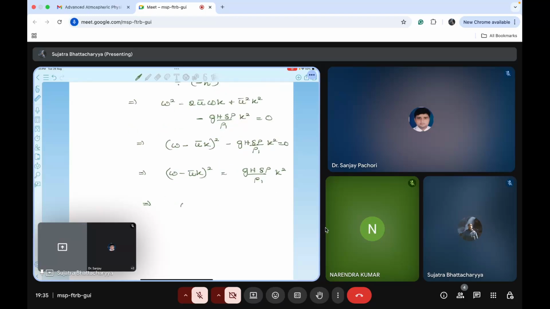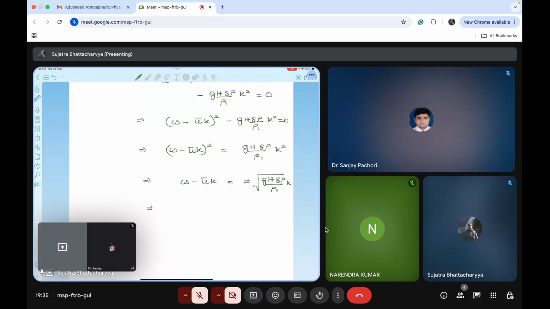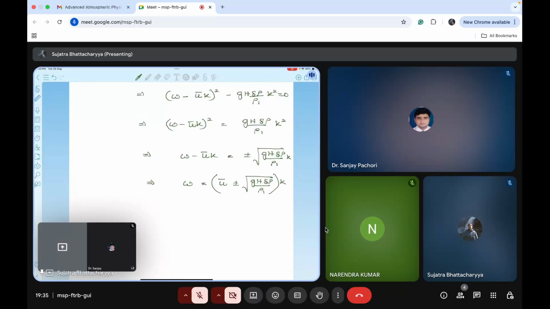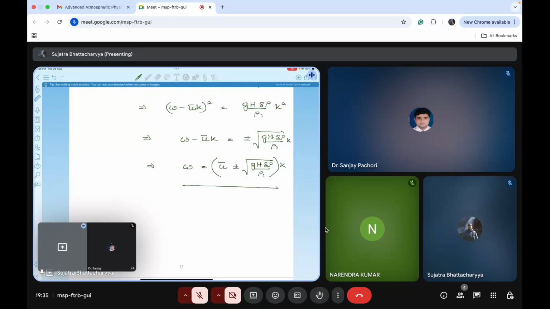Take the square root: ω minus ūk is plus minus root over gh Δρ/ρ1 times k. So ω is ū plus minus root over gh Δρ/ρ1 times k. Okay, so this will come out to be again the dispersion relation for surface gravity waves.